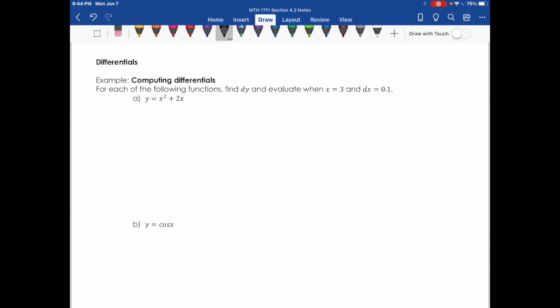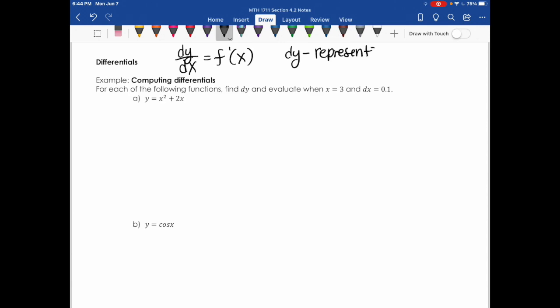So if you think back to our notation where we say, if I take the derivative of a function, we have this notation, the derivative of y with respect to x, and then we state it as f prime, that's the derivative.